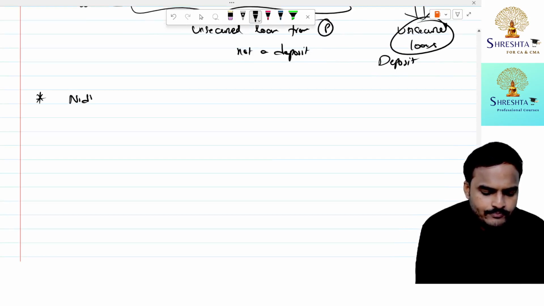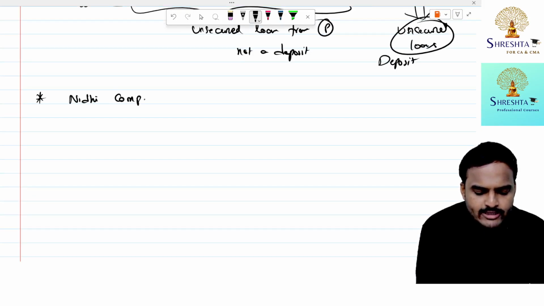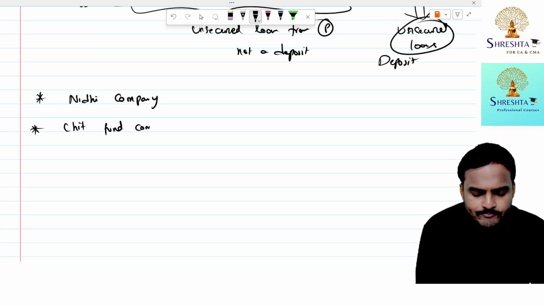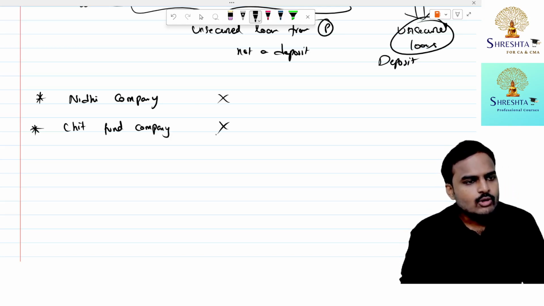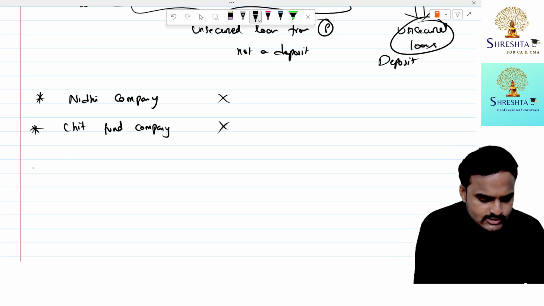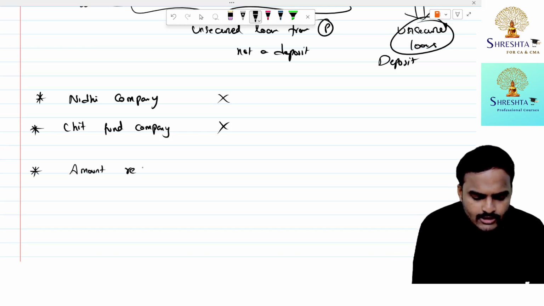Nidhi company. Amounts received by Nidhi company are not a deposit. Amounts received by chit fund company are also not treated as deposit. Next one, amounts received under collective investment scheme, CIS.